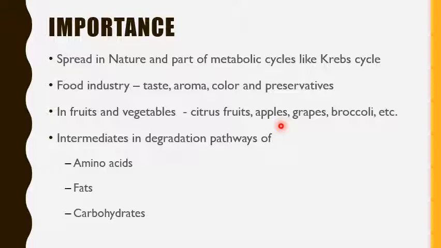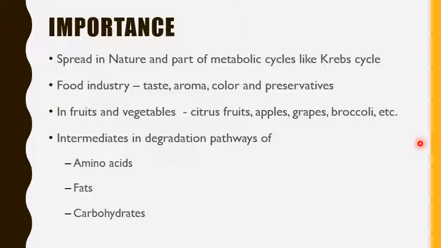Yes, apples do have carboxylic acid which gives them some sour taste. And similarly grapes also, some grapes are very sweet and some grapes are a little bitter. And also the most famous diet food, broccoli. So in fruits and vegetables we see carboxylic acids, and they are part of our life.